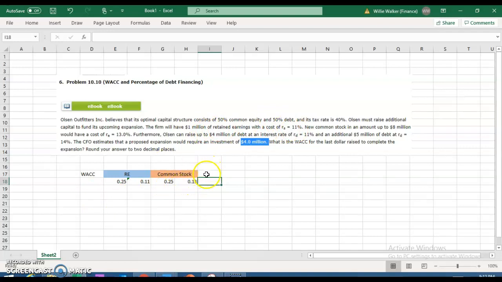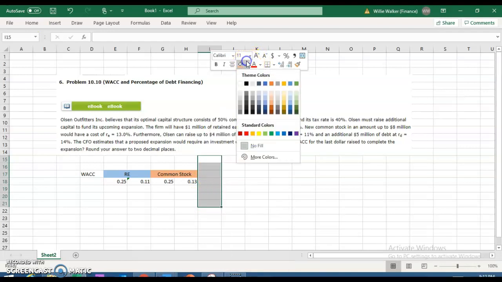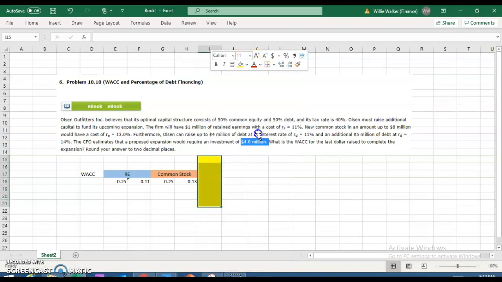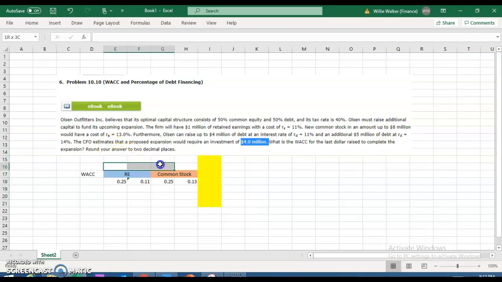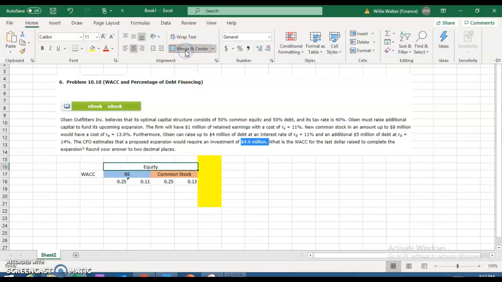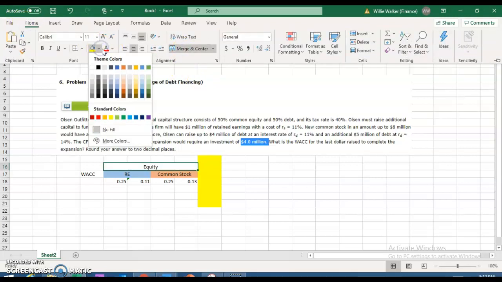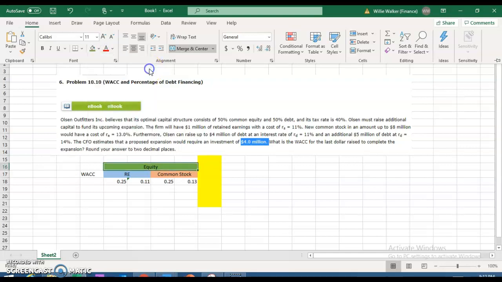That does it for our equity. So I'm going to turn this yellow. I'm going to say equity. We'll just turn that green. I like green. All right.